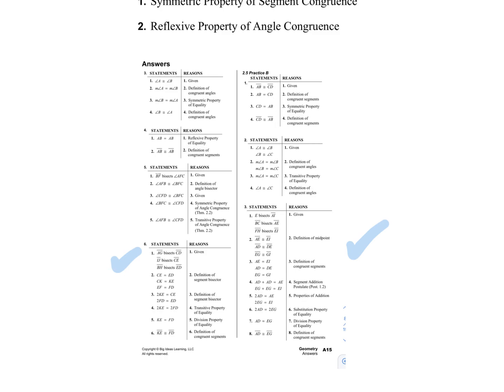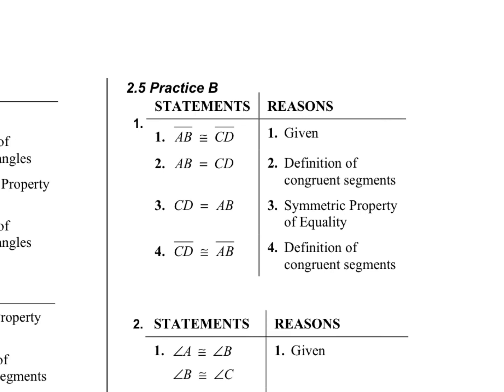So let's say number 1 here from the 2.5b, let's say this was your question on the test. What you're going to get is maybe this would be left blank and you'd have to fill it in. Or on this one, maybe I don't give you the statement, but I give you the reason. And then maybe on this one, I give you the statement, but I don't give you the reason.